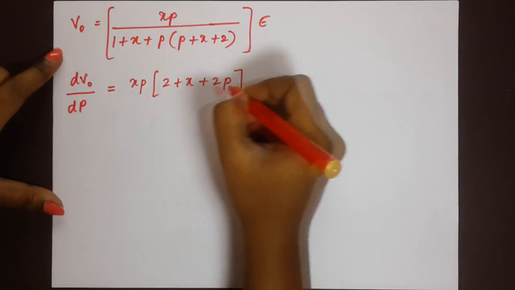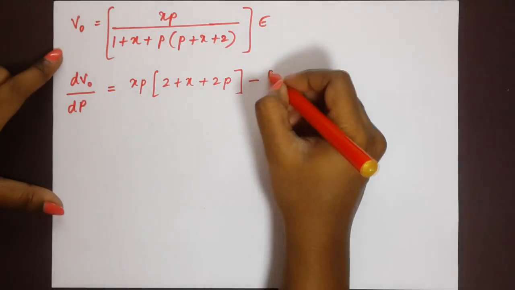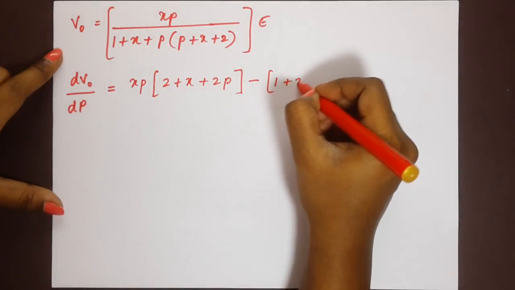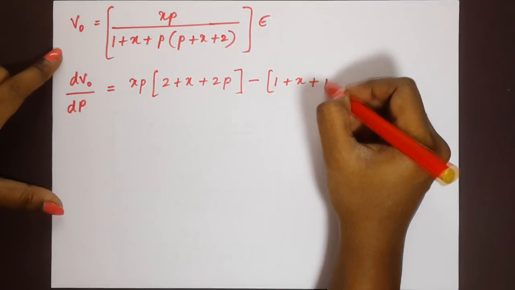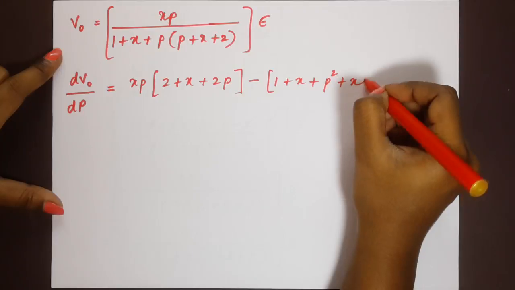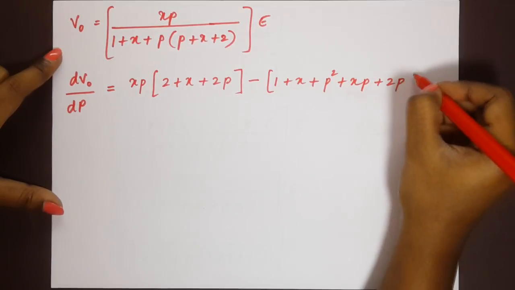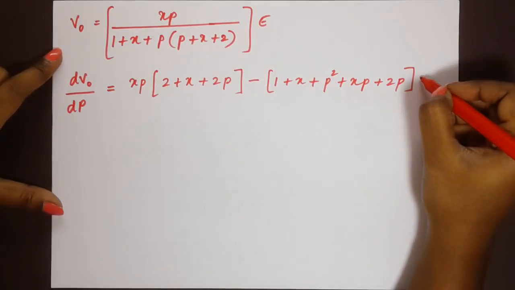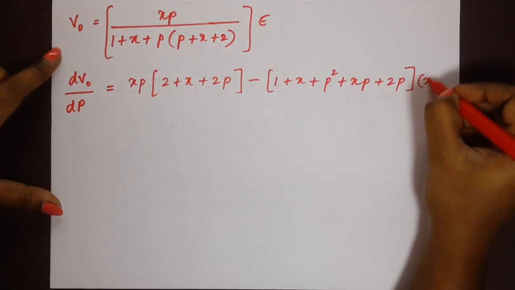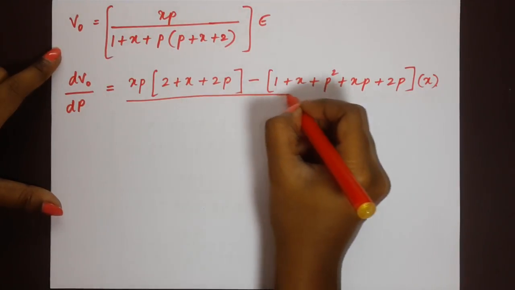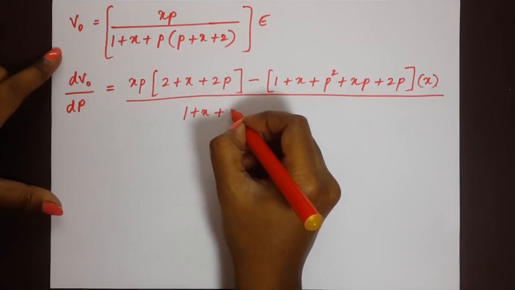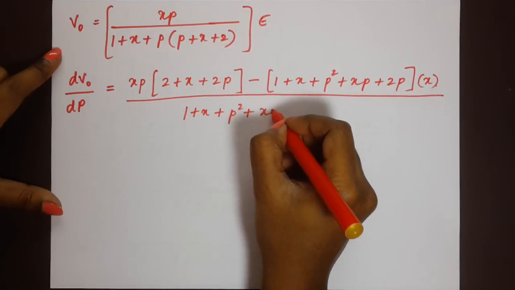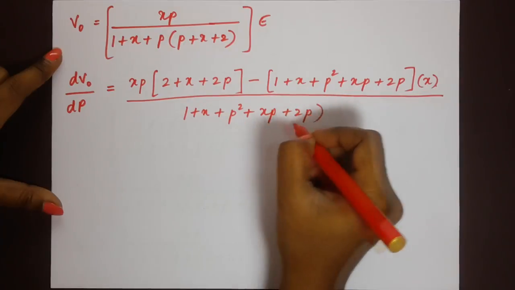That's the denominator's derivative, minus the denominator 1 plus X plus P square plus XP plus 2P into the differentiation of the numerator, which is just X, whole divided by the denominator square.